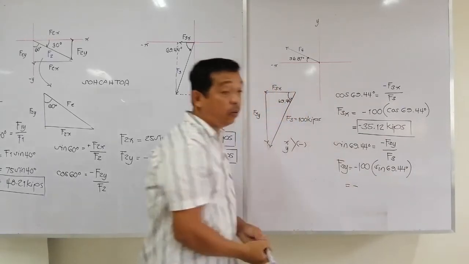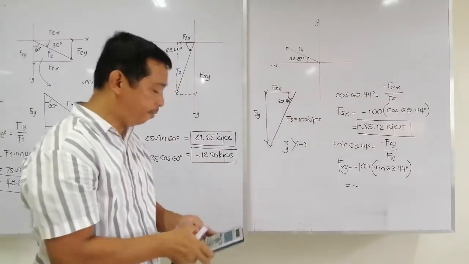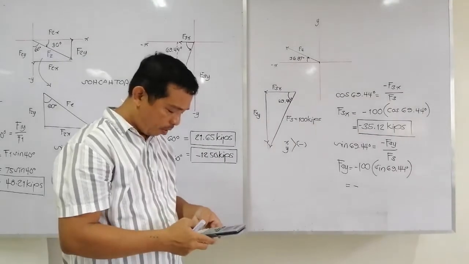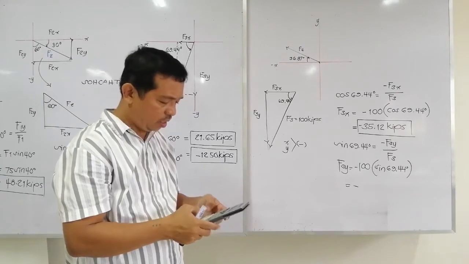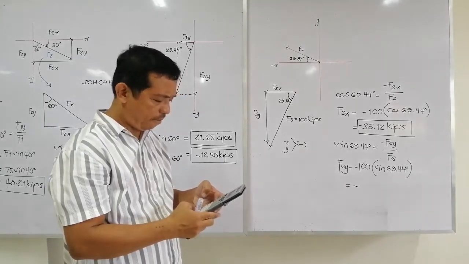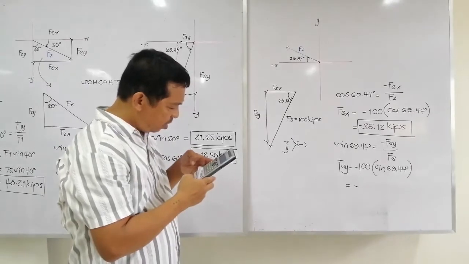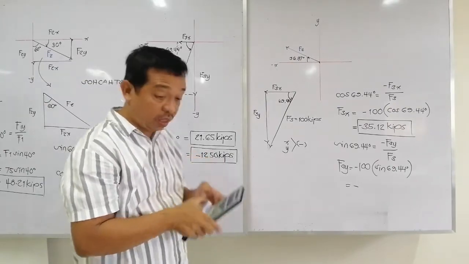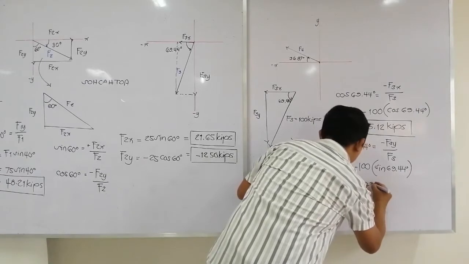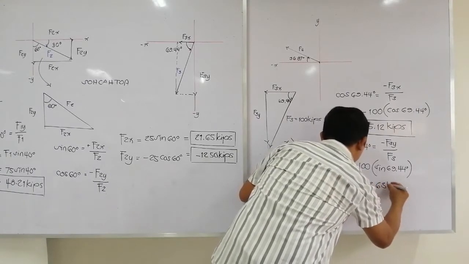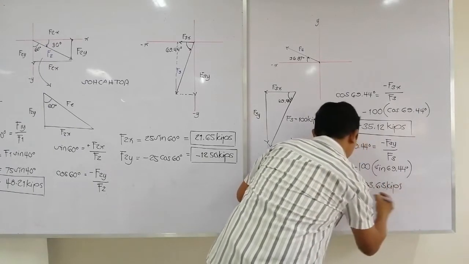Evaluation would lead us to getting a value of negative 93.63 kips.